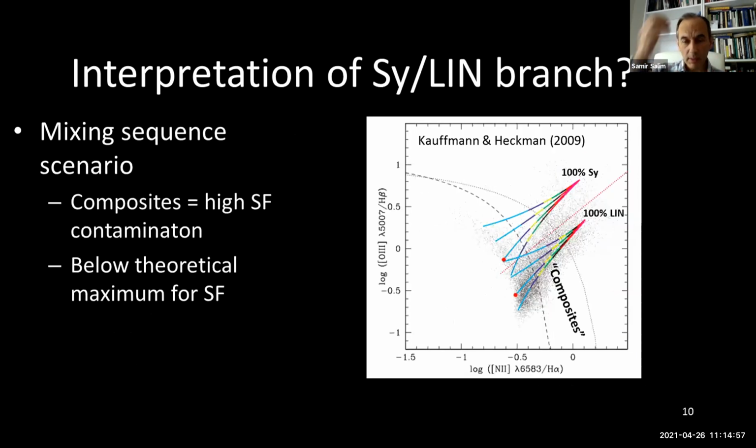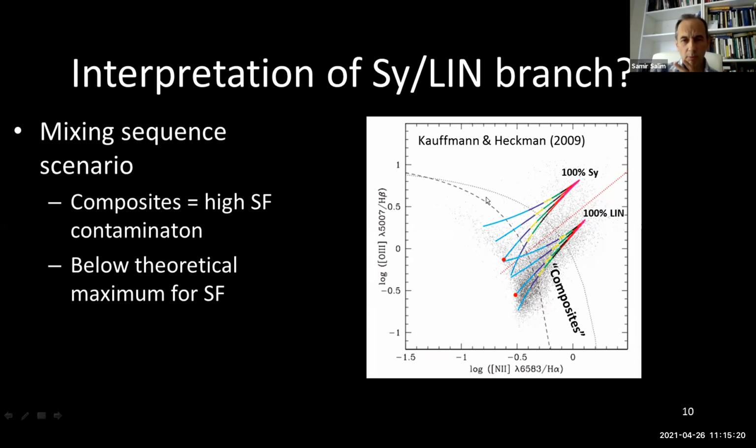So just again, demonstrating the mixing sequence from some of the papers, the idea is that you have potentially maybe a pure liner and also a pure Seyfert on the top here. And then by adding in the models different levels of star formation, you end up eventually getting down to the star forming branch.